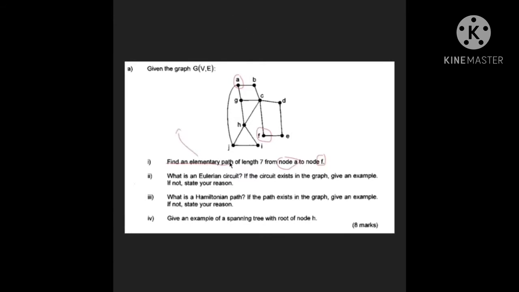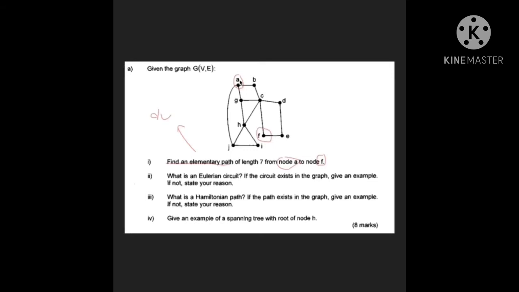For the first question, we need to know what an elementary path is. An elementary path is a path with distinct vertices.